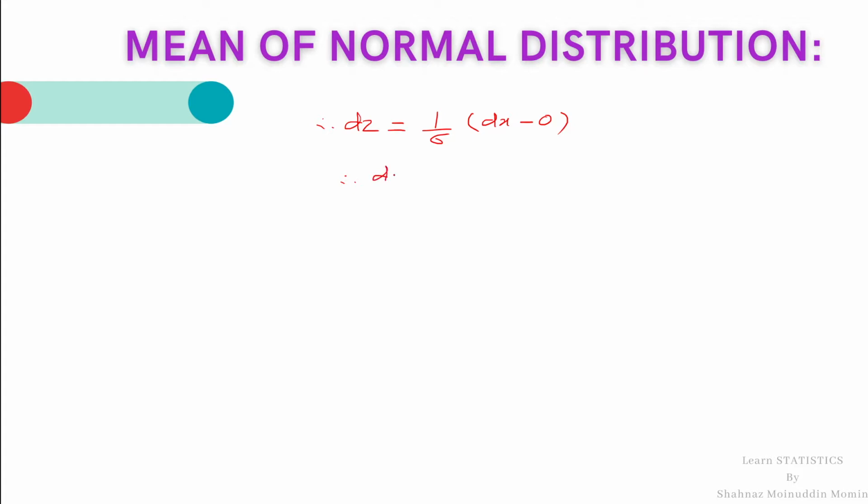Therefore, dz is equal to dx by sigma. Hence, the value of dx is equal to sigma into dz.